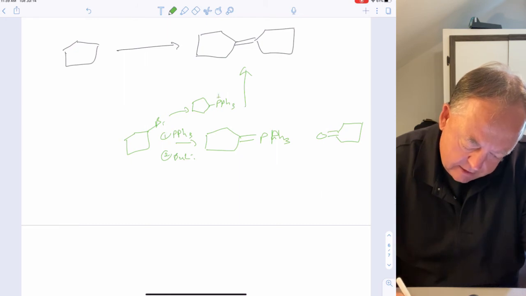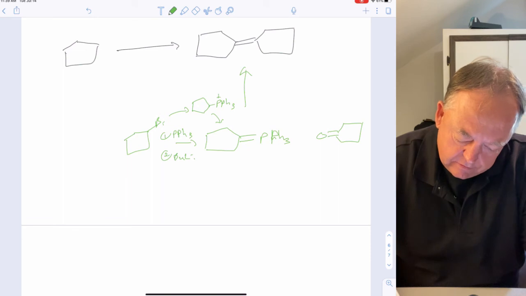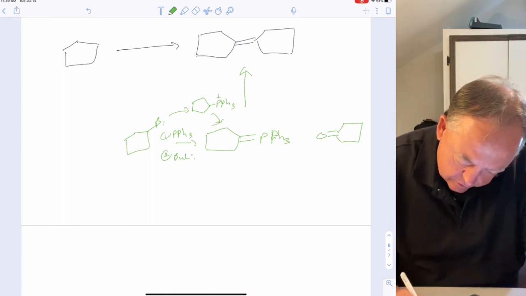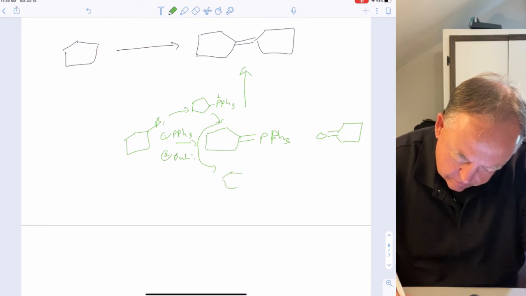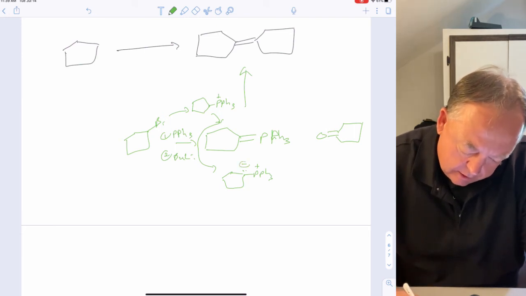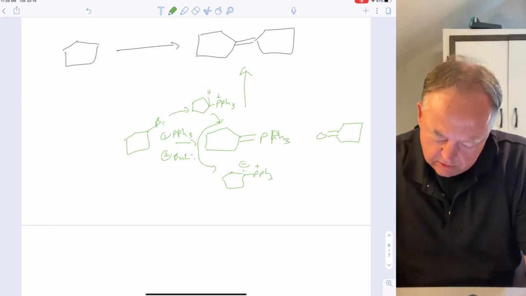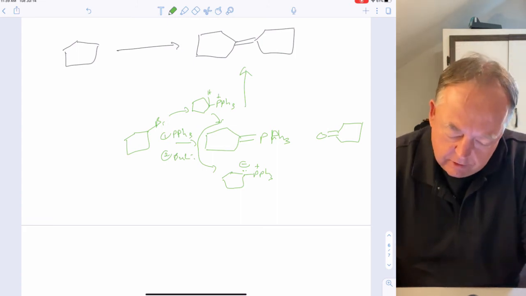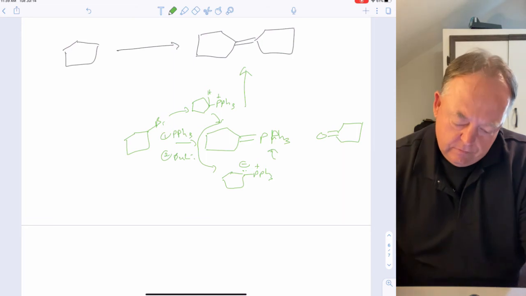So you would make that, and then you would throw in a base, which would deprotonate that carbon, right? It would take off this hydrogen to make the ylide, and I just draw it in the ylene form instead because this is how it's typically drawn.